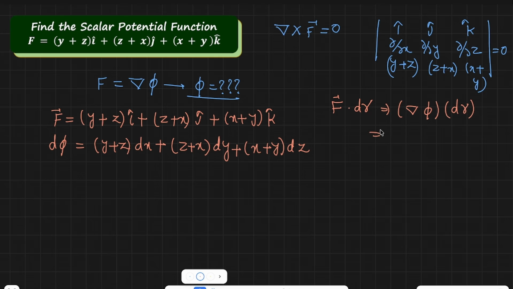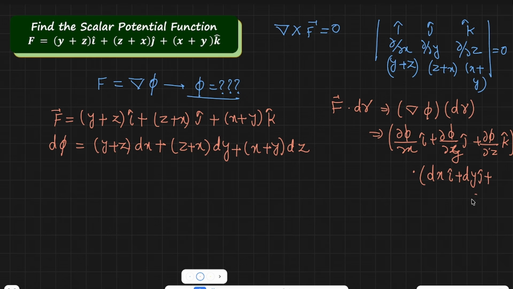All of you know what this is. This is dou phi by dou x i cap plus dou phi by dou y j cap plus dou phi by dou z k cap, dot product with dr, meaning dx i cap plus dy j cap plus dz k cap. After multiplying, this is dou phi by dou x dx plus dou phi by dou y dy plus dou phi by dou z dz.